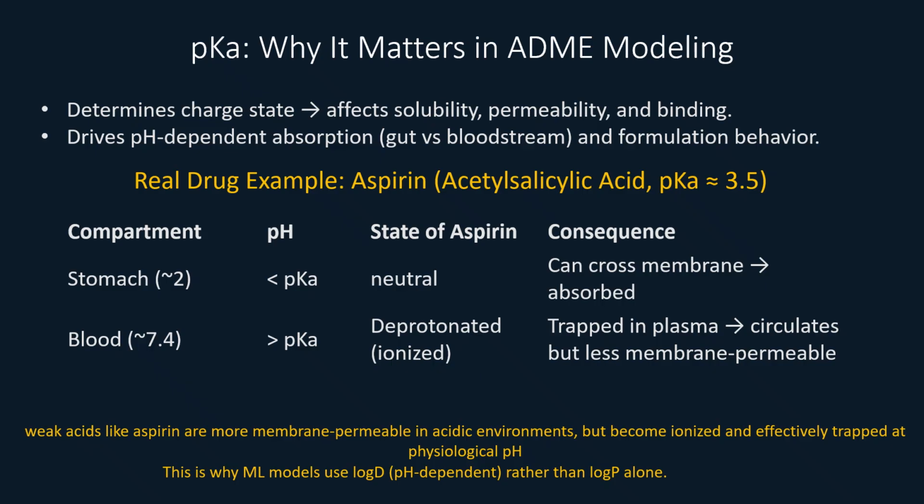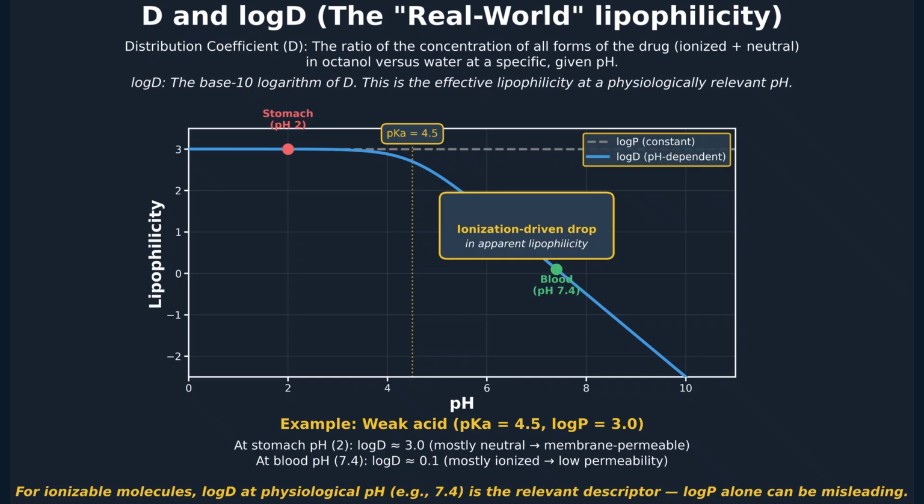So now let's see logD and logP. This is the real world lipophilicity. So we know that many drug molecules exist in both the neutral and charged forms depending on pH.